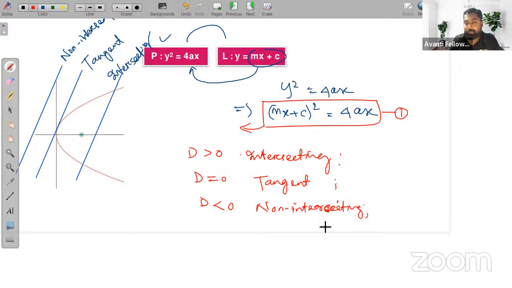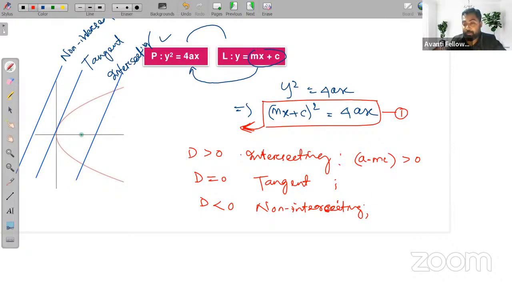Similarly, if you try to find d, you will get d as a minus mc. If a minus mc is greater than 0, this is the case of intersecting.